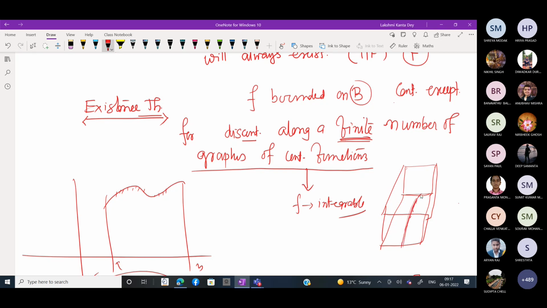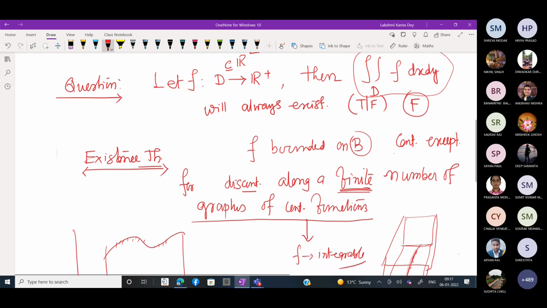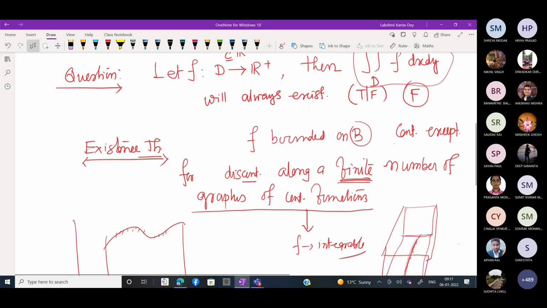Suppose here discontinuity arises. Whatever the volume element for that particular volume contribution, this is certainly 0. So the volume contribution will be 0. So if you have finitely many of them, with 0 volume contribution, then there is no issue. You can still measure the volume. That is why it becomes integrable. But the proof is a little bit difficult, and I gave just the statement of the theorem.